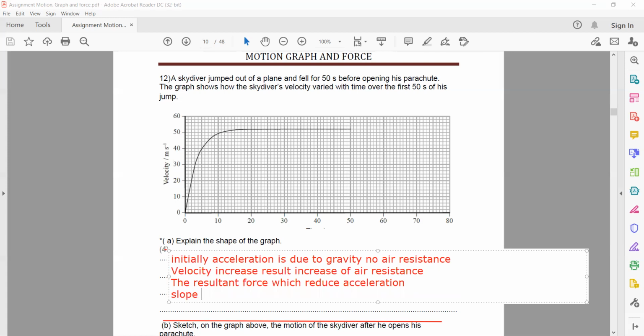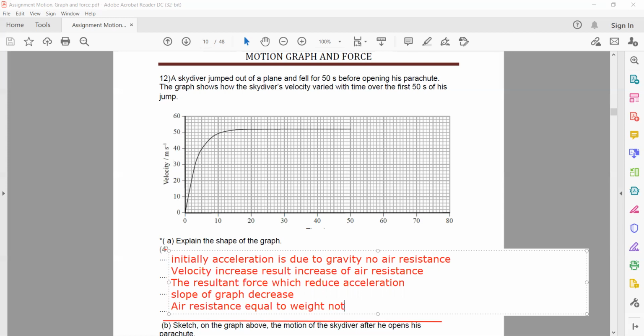Slope of graph will decrease, and eventually when drag force or air resistance equals weight, no resultant force, it moves with constant speed and zero acceleration.